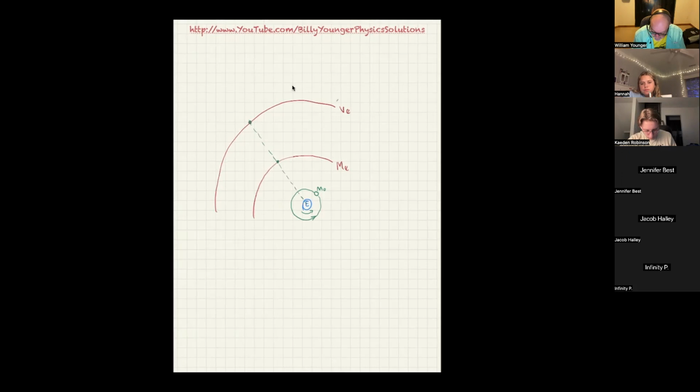So this is Venus's deferent. And I'm probably spelling that horribly. And this is Mercury's deferent.